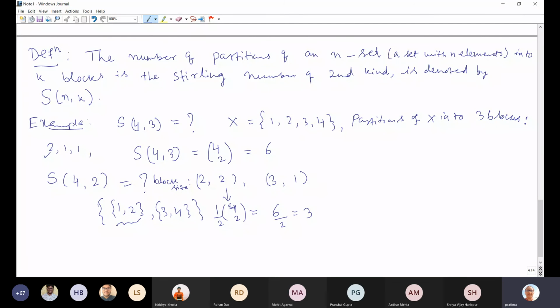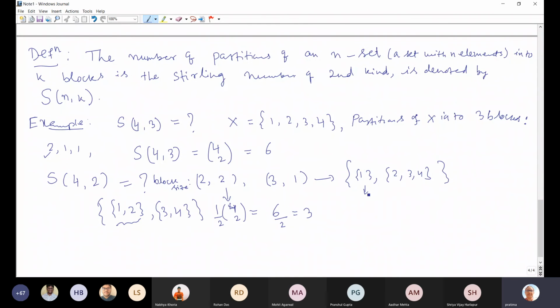And what about block sizes 3, 1? If you select any 1 element, the other block is uniquely determined. It is just the complement of this singleton set. So how many ways can you select the block consisting of a single element?